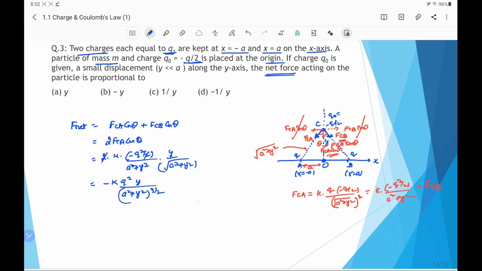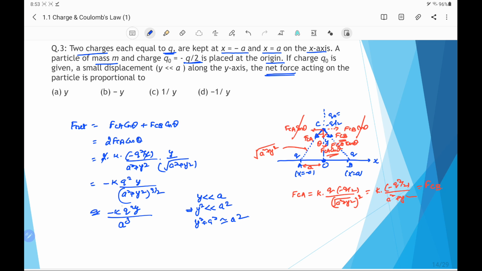And it is given that y is very less than a. This implies that y square is also very small compared to a square, or we can write y square plus a square is approximately equal to a square. That is approximately equal to minus Kq square y by a raised to the power cube.